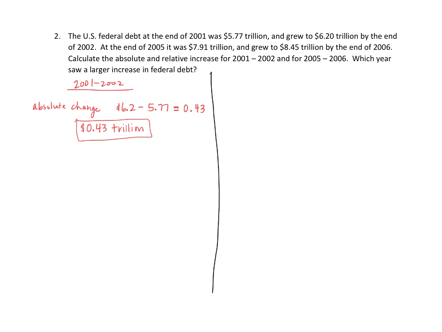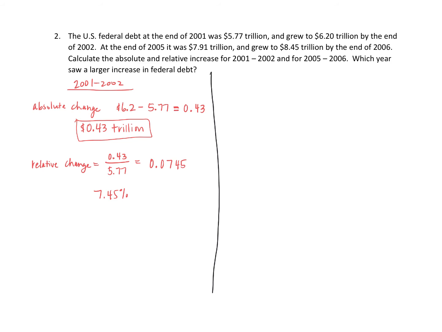Now the relative change is going to be the absolute change over the original amount. So the absolute change is 0.43, and the original amount was 5.77. When I put that in my calculator, I get 0.0745. And if you want to change it to a percentage, you can say 7.45%.